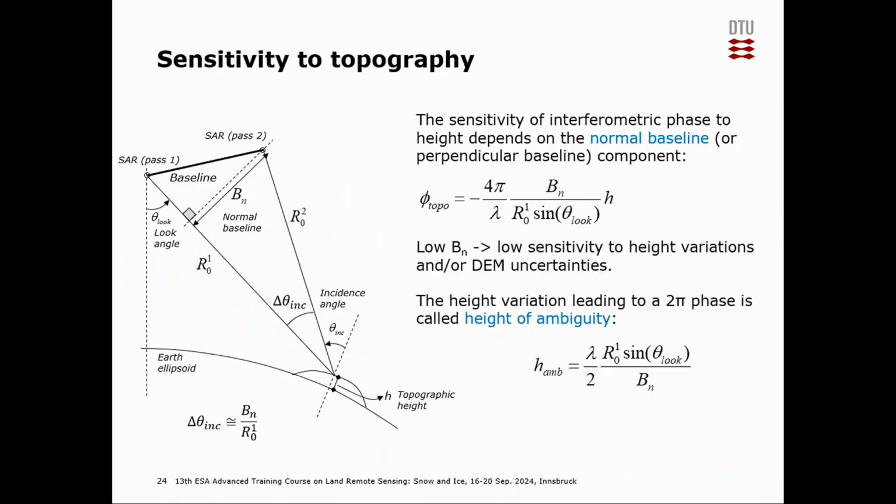So we can remove these terms, but still, if we have errors in our digital elevation model, for example, because we didn't update it, as Frank mentioned, then still we might have a sensitivity to these errors, but only if our perpendicular baseline is relatively high. So perpendicular baseline close to zero, we don't have sensitivity to height variations or to possible errors in our digital elevation model.